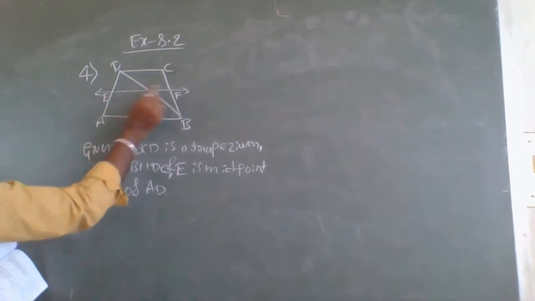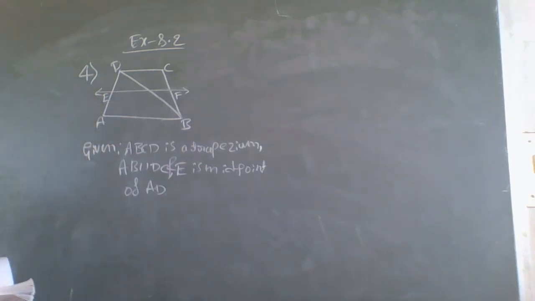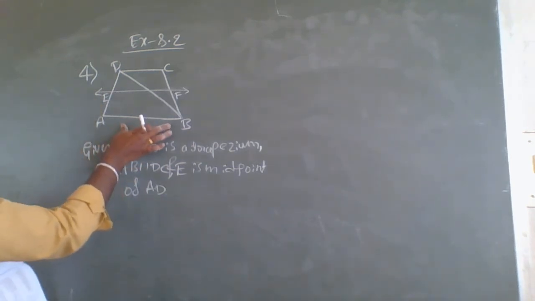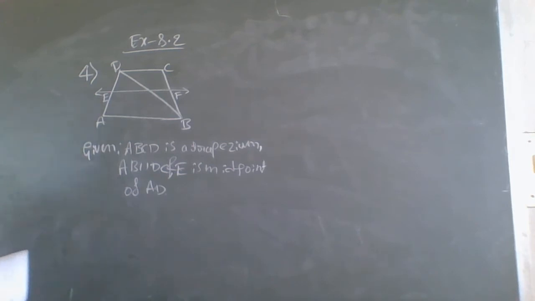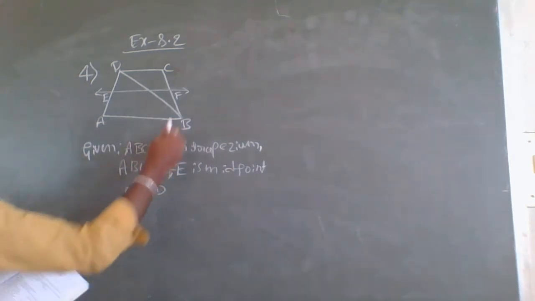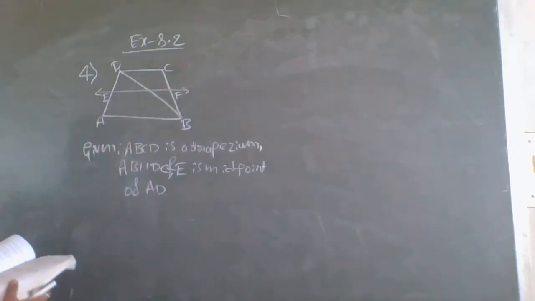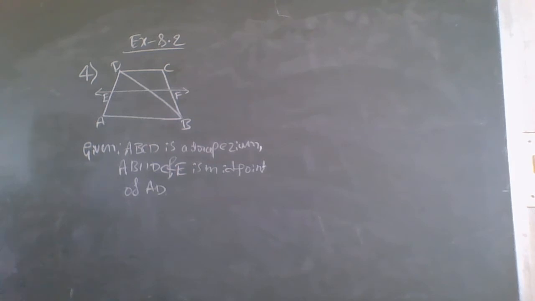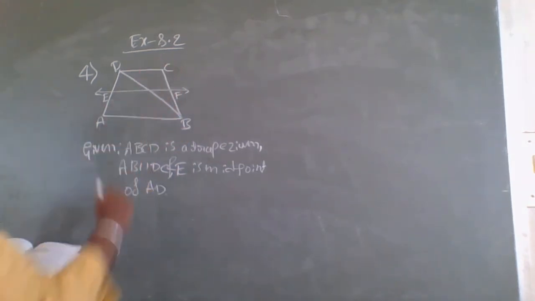A line is drawn through point E parallel to AB, intersecting the line BC at point F. So we have to prove that F is the midpoint of BC.